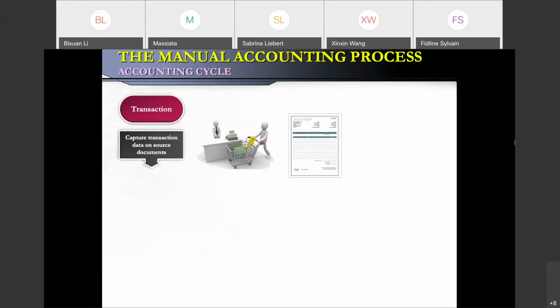So let me tell you guys what my first impressions about accounting were. My mother is an accountant. So sometimes during the busiest time of the company, she often came home with big folders, many big folders, invoices, ledgers, everything.